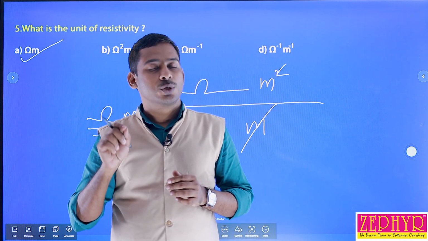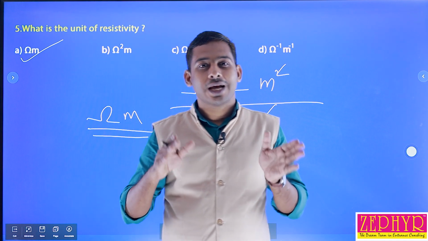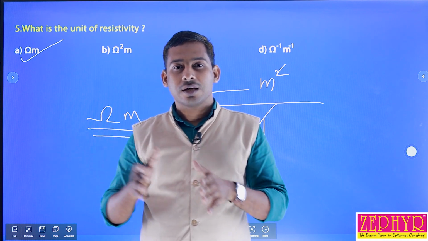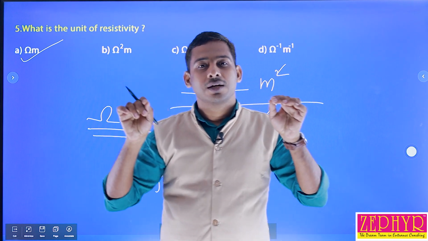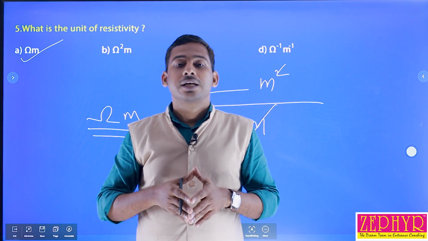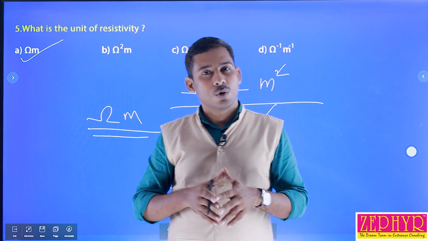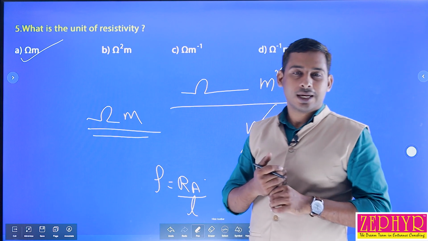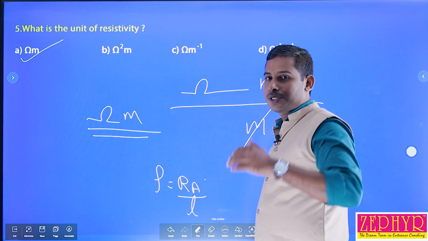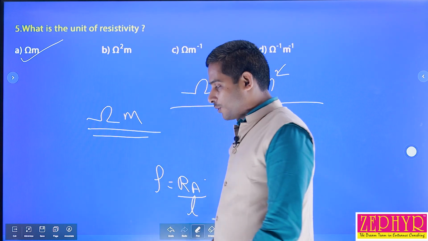One more important thing you have to learn from this, R equal to rho into L by A. In another way we can say the resistance and length are directly proportional and the resistance and the area are inversely proportional. So hope everyone got the concept and the answer behind the given question. So we have successfully completed question number 5 also.